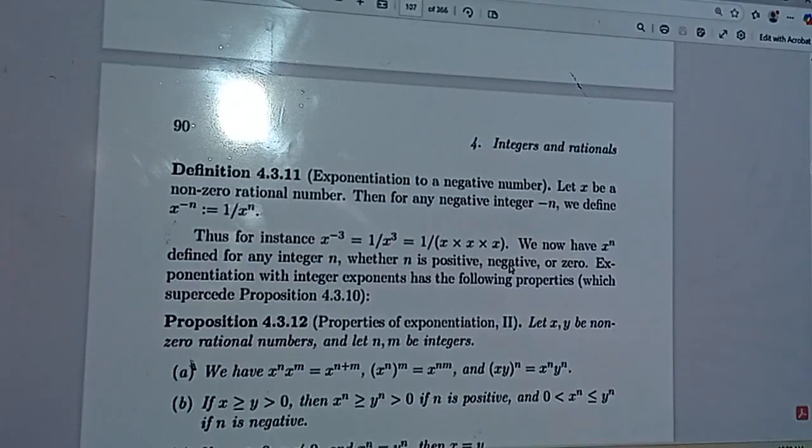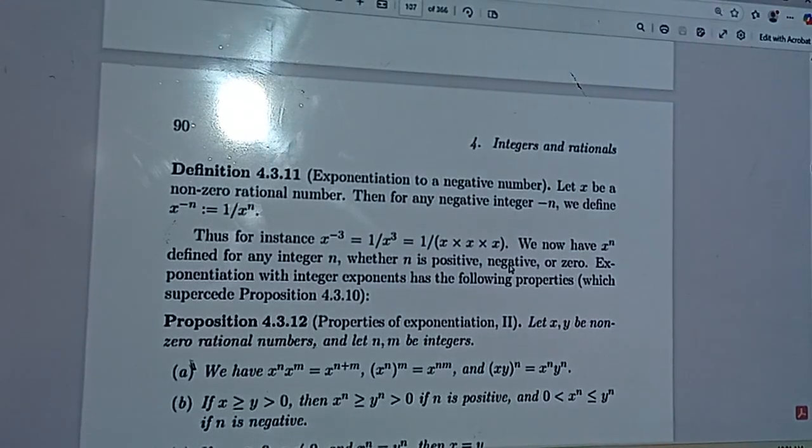So part A, x to the n times x to the m is x to the n plus m. I don't know whether you need to consider cases where both n and m are natural, both n and m are zero, both n and m are negative, and one is negative, one positive.